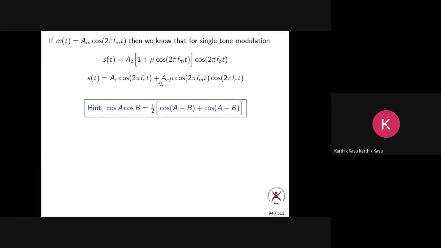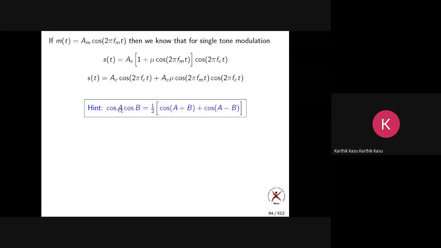How do you get spectrum? Spectrum means you have to calculate Fourier transform. There is no other way. All of you, is it okay? Now, anyway, we know what is the spectrum of the signal. In the previous examples, we have already calculated. Correct? Now let us simplify this part.